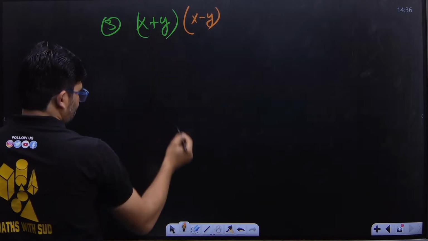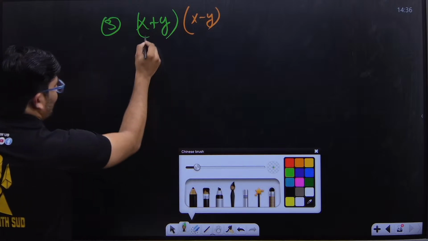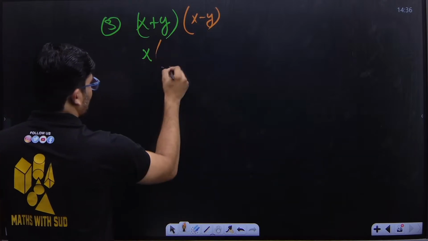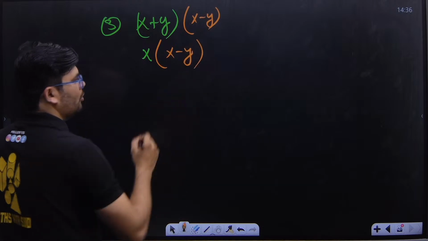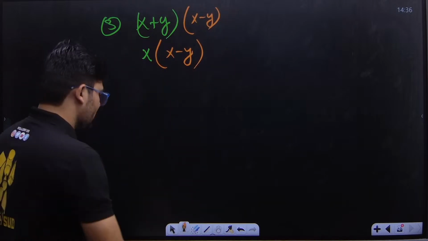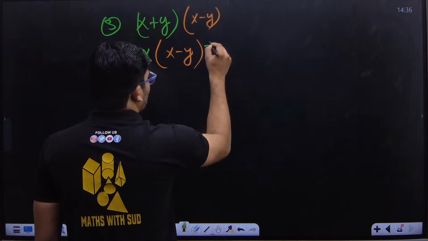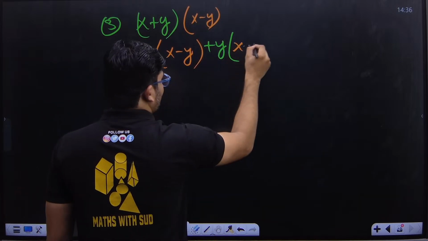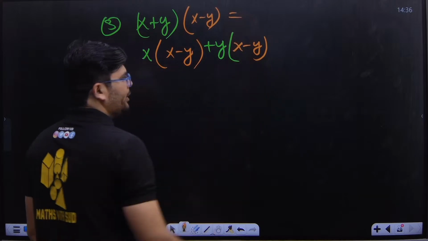Okay, see this. The first thing that I'm going to multiply is this x, which is going to be multiplied by x minus y. And then my plus y will also be multiplied by the same x minus y. Are you getting it?